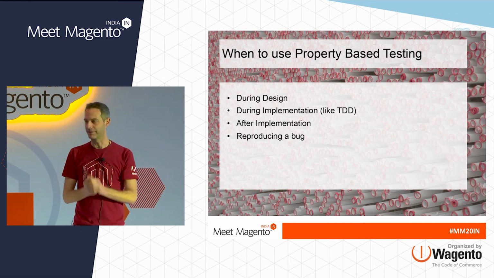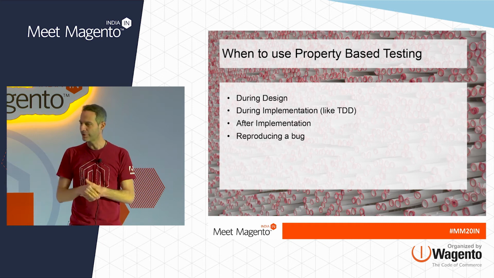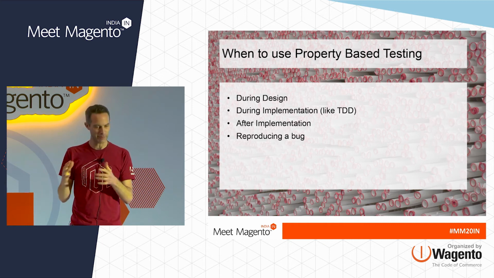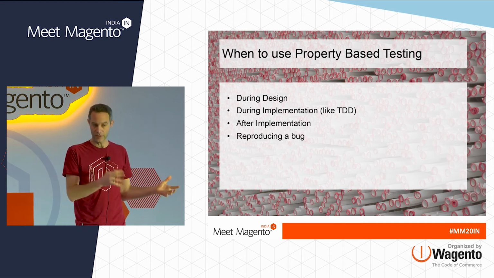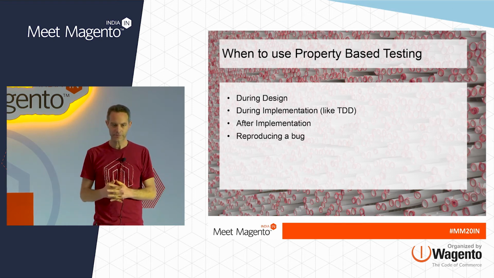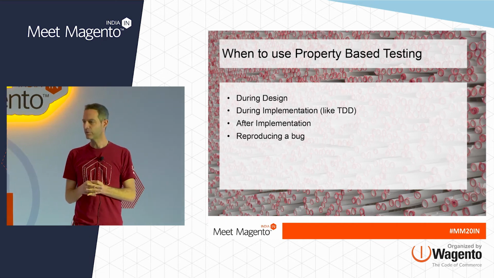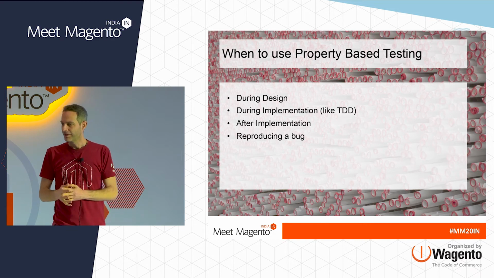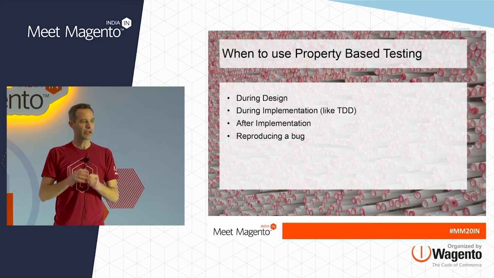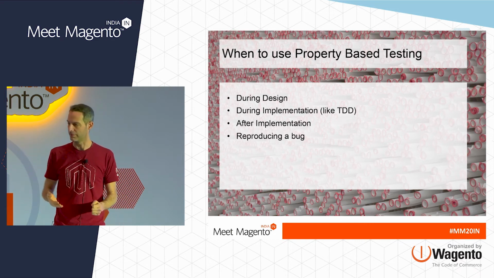So I met a guy at a conference who wrote a property-based test for a React JavaScript front-end. The tests were actually written in Clojure, so black box testing, right? Property-based tests. And at one point in time, scrolling stopped working in their app, and they couldn't reproduce it, right? But with property-based testing, he wrote a property that said, okay, I can scroll.